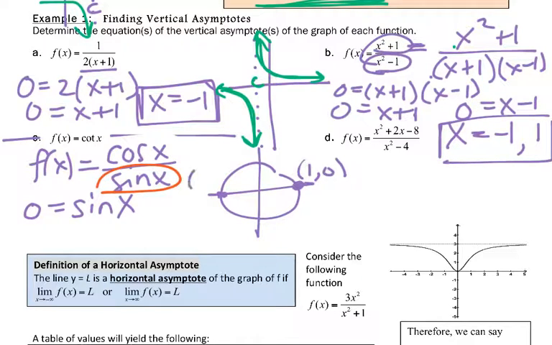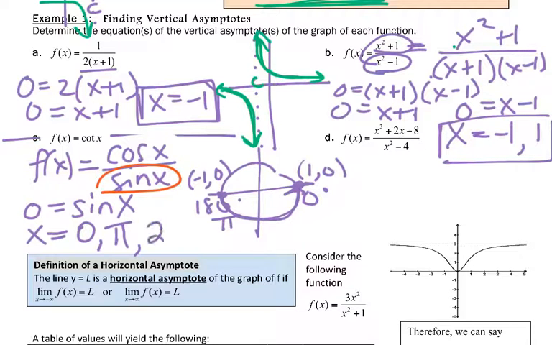Over here we have an x value of negative 1 and a y value of 0. So this is 0 degrees or 0 radians and 180 degrees or pi radians. That means that x here is 0 radians, pi radians. If we rotate it around to 2 pi, we'd have sine of x equals 0 again.